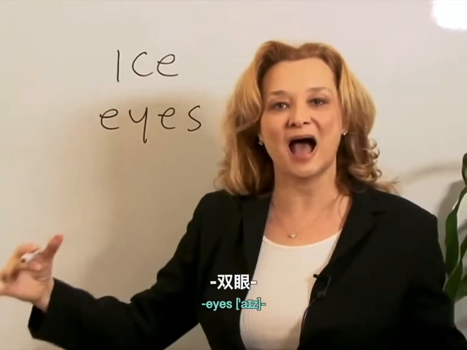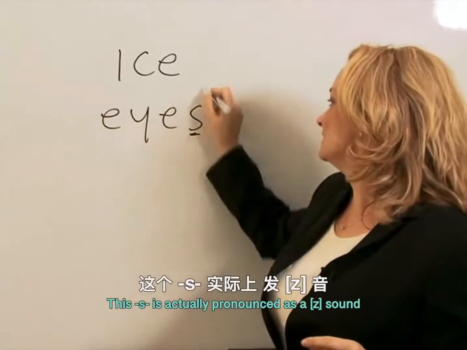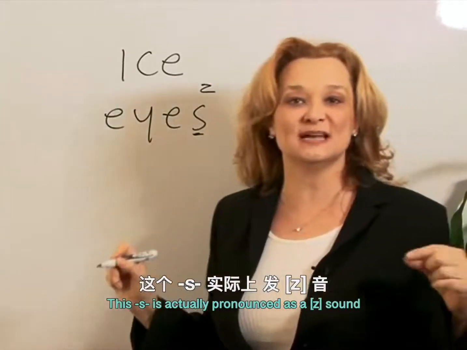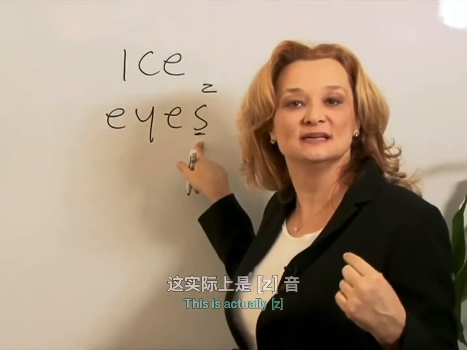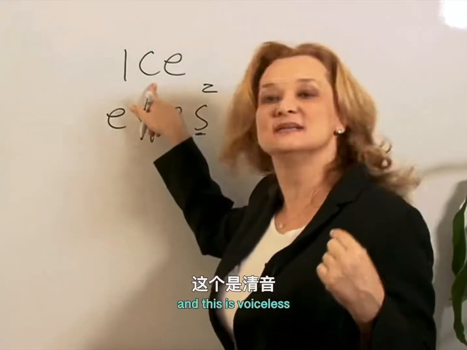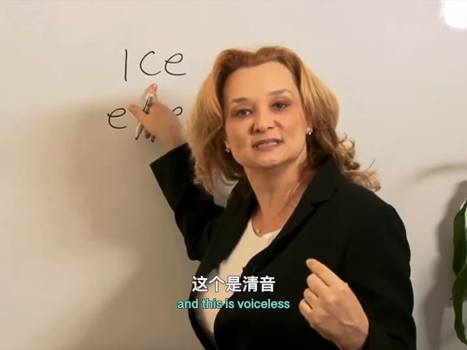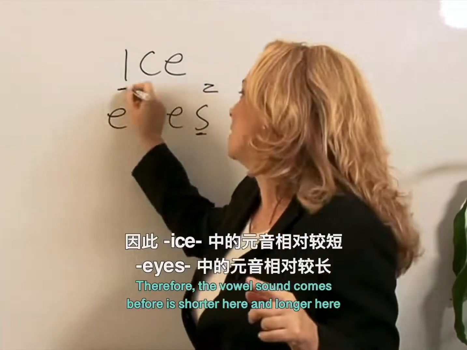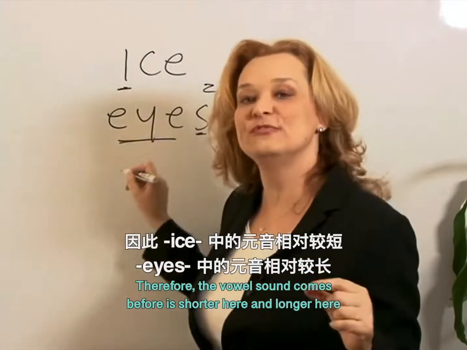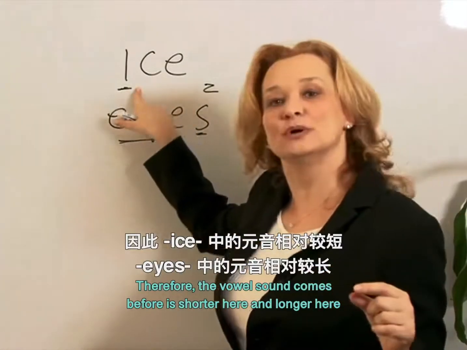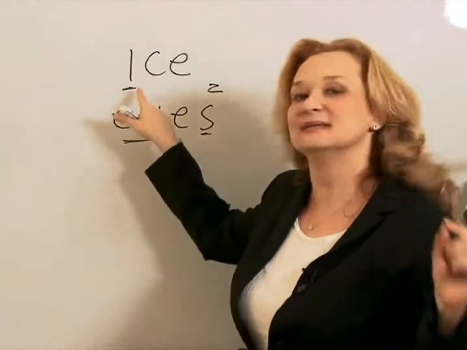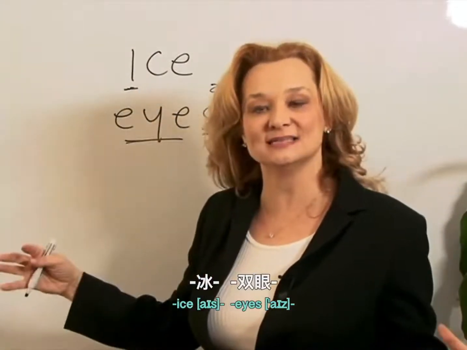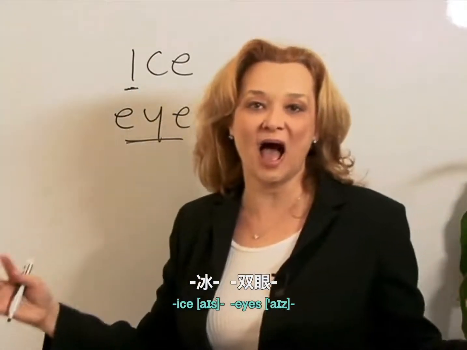Ice, eyes. This S is actually pronounced as a Z sound. This is actually Z. This is voiced, and S, this is voiceless. Therefore, the vowel sound that comes before is shorter here and longer here. Listen again. Ice, eyes. Ice, eyes.